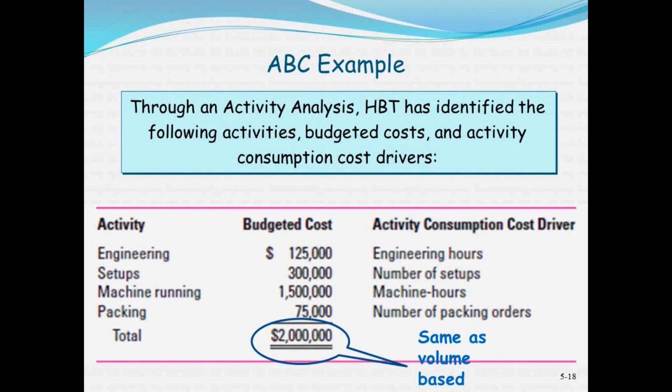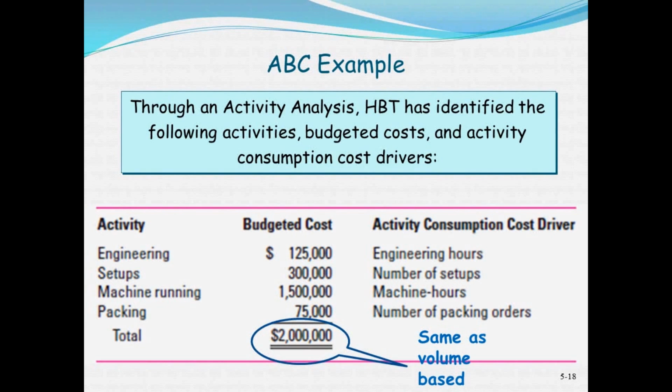And remember, the first step of ABC, activity-based costing, is to do an activity analysis and understand what needs to be done to get these products out the door. And they came up with four activities: engineering, setup, machine runtime, and packing.